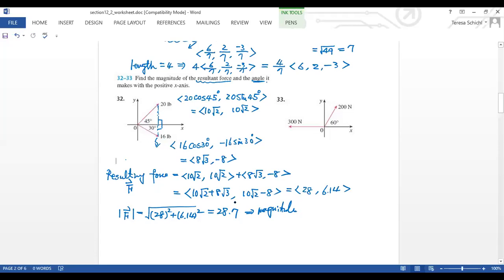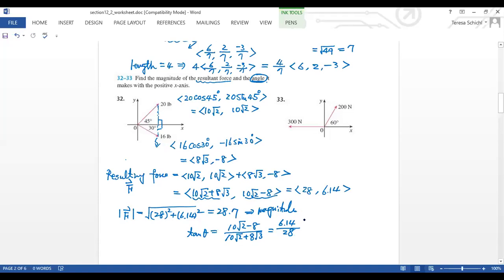Then the angle theta. They want you to find the angle, right? So tangent theta is equal to what? This is x, this is y, and tangent is opposite over adjacent. So it is 10 square roots of 2 minus 8 over 10 square roots of 2 plus 8 square roots of 3, which is like 6.14 over 28.